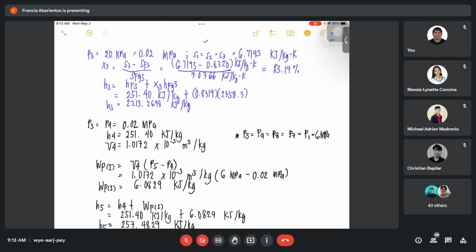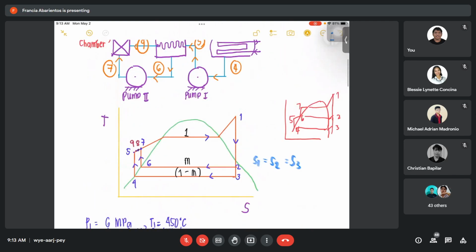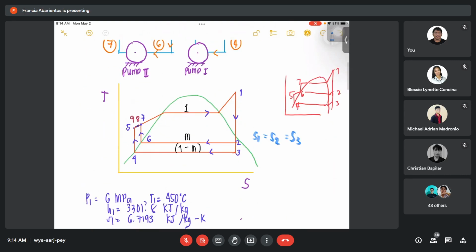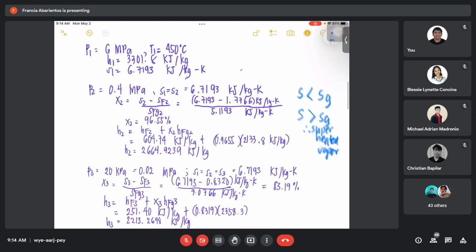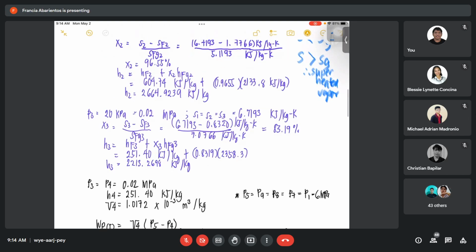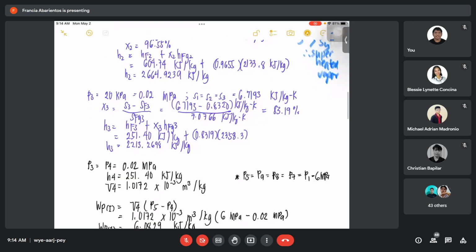Approximate pump work. Alam natin that process 3 to 4, ano yung process 3 to 4 natin? That is from the condenser. So, constant pressure nangyayari dyan, class, 3 to 4. So, 0.02 MPa. Alam natin from 0.3 to 0.4, yung H4 natin.